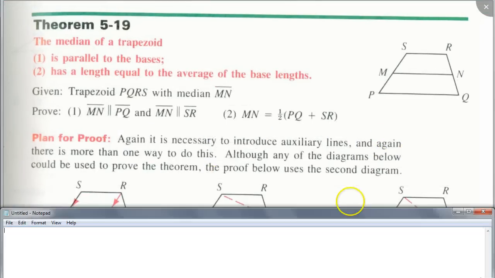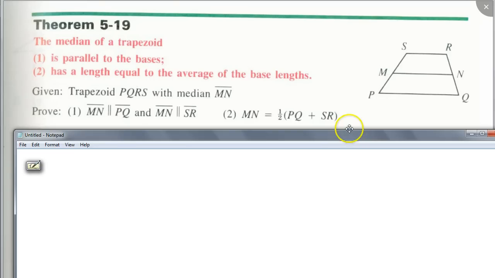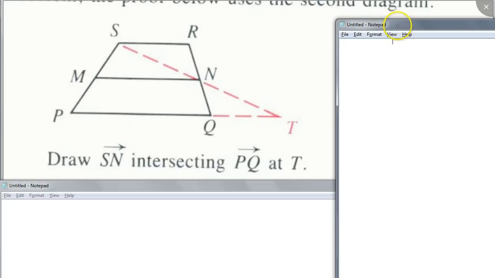We're going to draw an auxiliary line. There are many ways of doing this, but we could use this one. From S, we're going to draw ray SN and ray PQ so that they intersect at T.